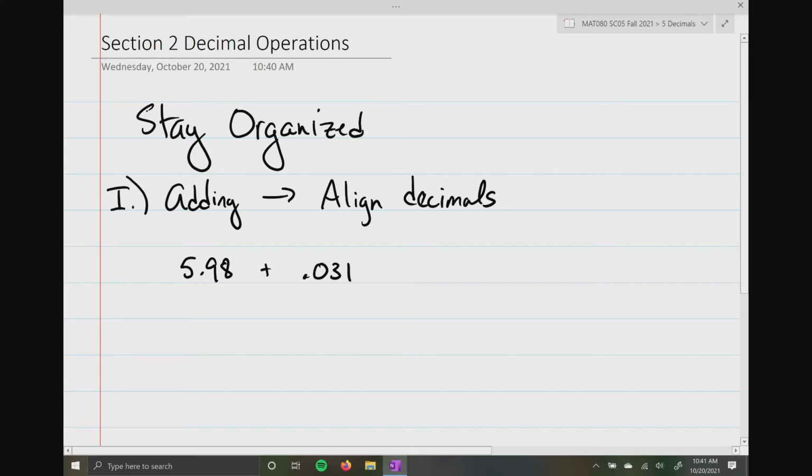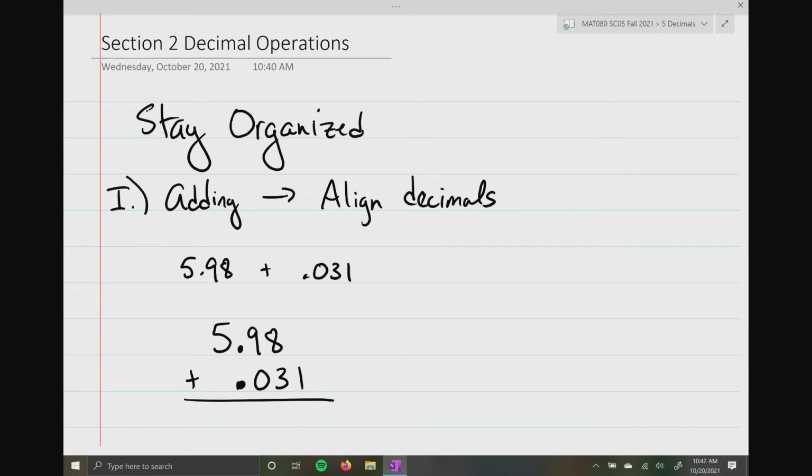So, for example, let's say I want to add the following two. 5.98 plus 0.031. All I have to do is align the decimal. And notice all my place values are nice and organized.